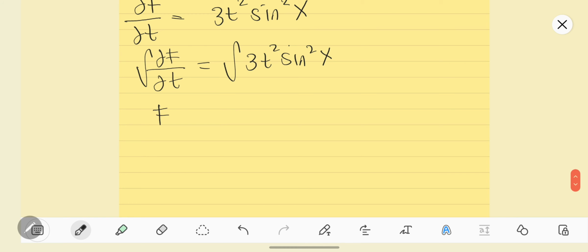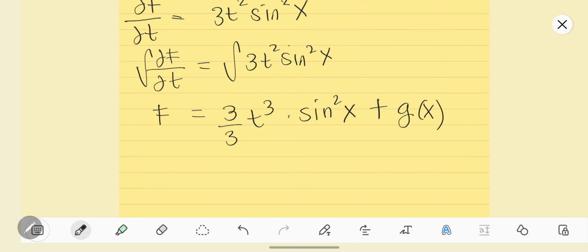Then this becomes f is equal to 3 over 3 t cubed sine squared x plus the g of x.